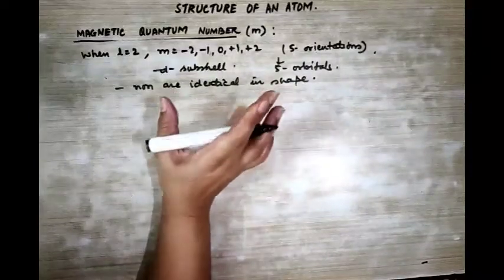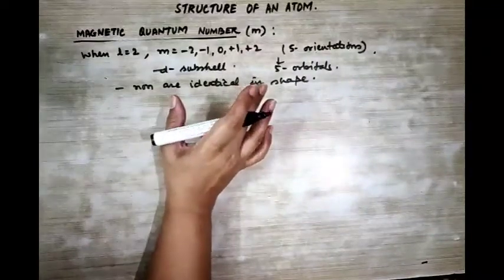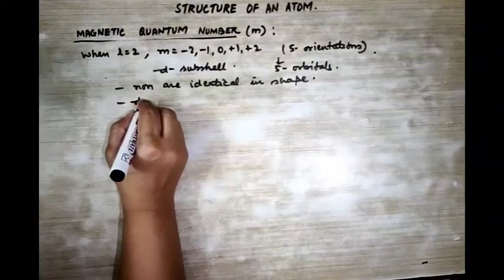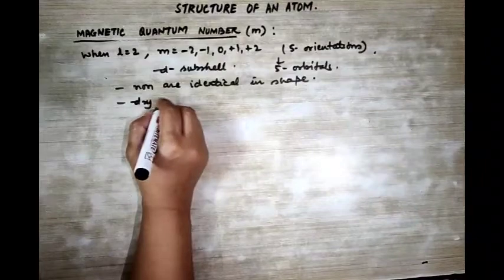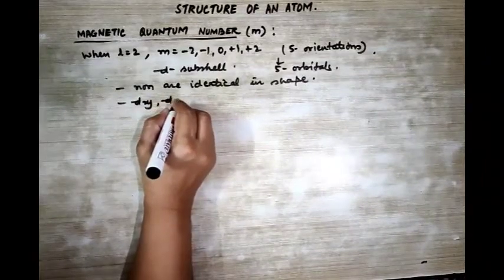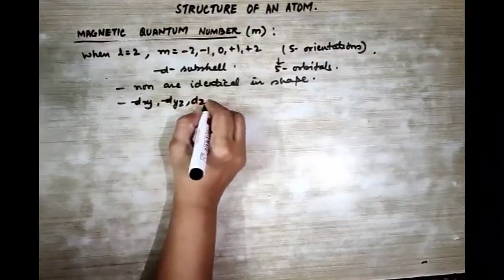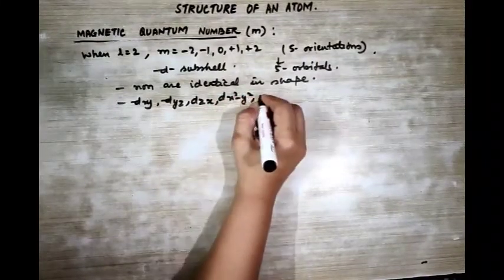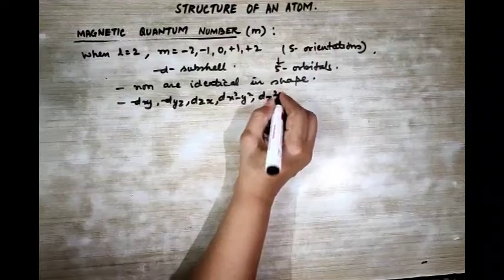So what are the different types of d orbitals? I'm going to write down over here. They are dxy, then dyz, then dzx, then dx square minus y square, and dz square.